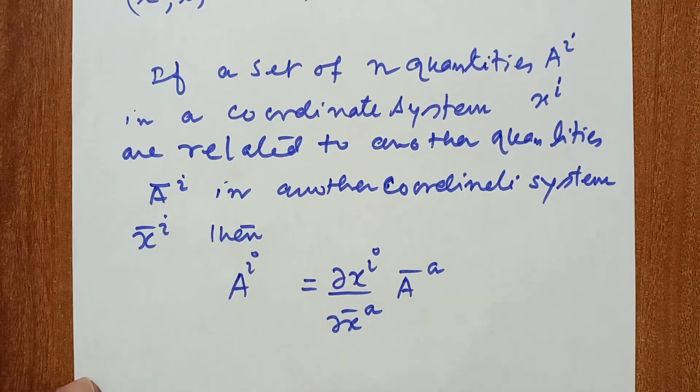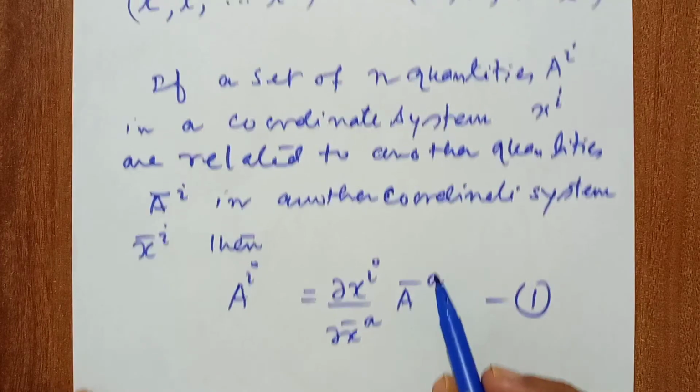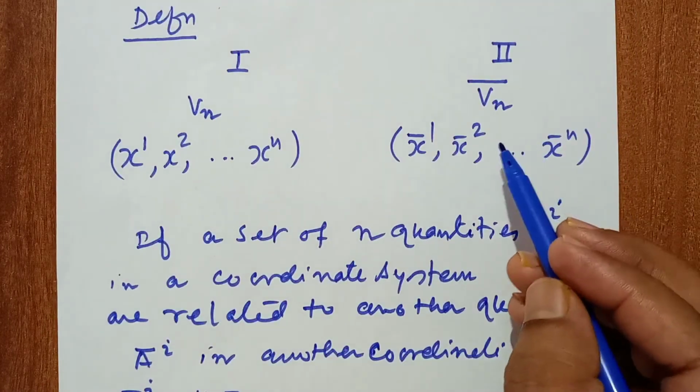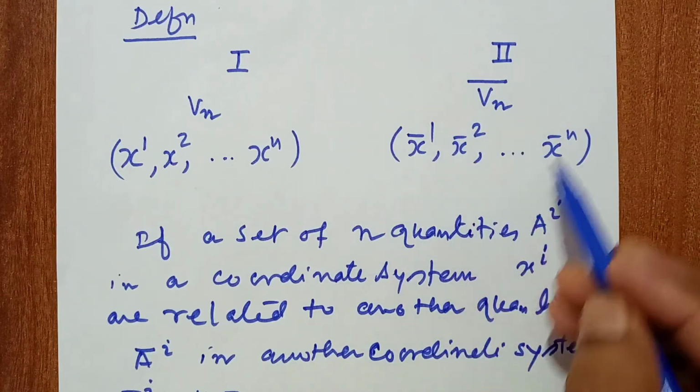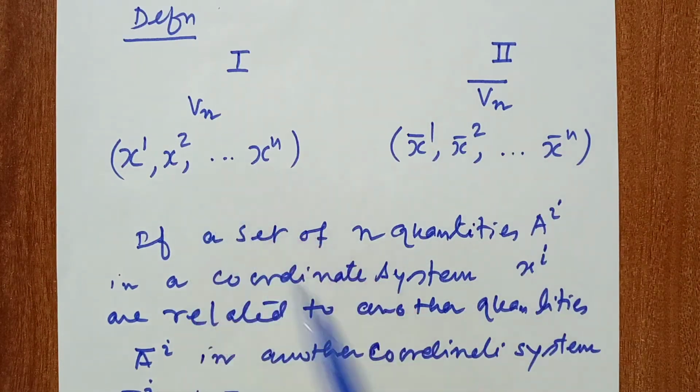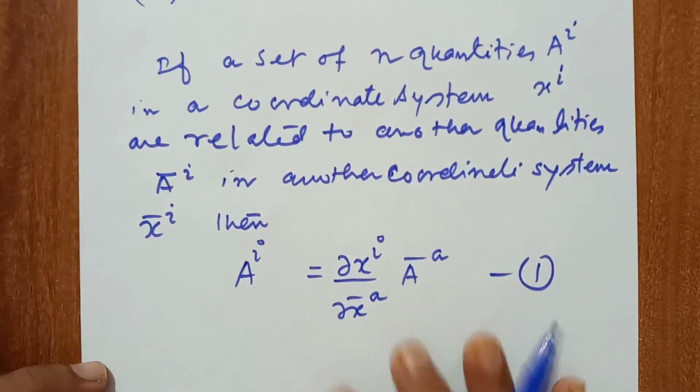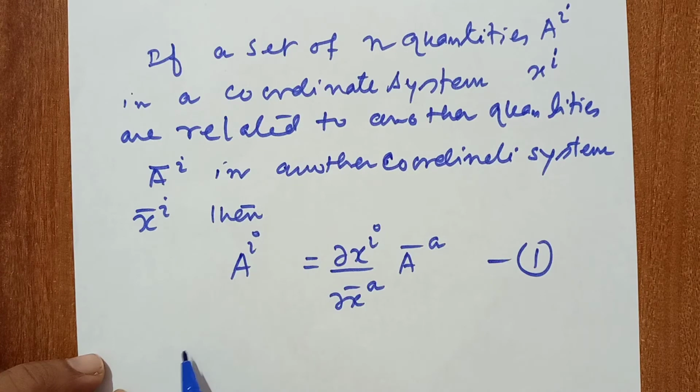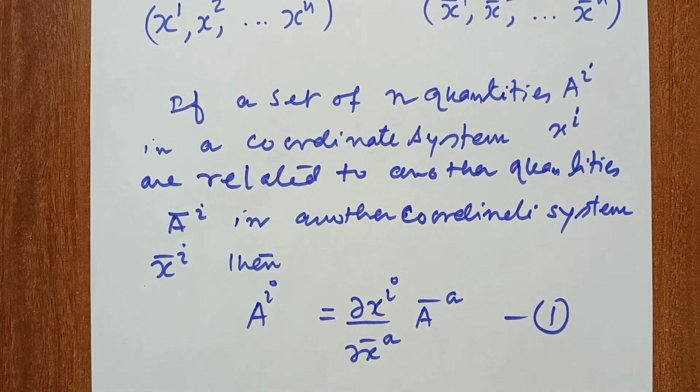Also, if we see here, this is Vn bar and this is Vn. So I want to transform from Vn bar to Vn. Now this is a transformation rule from Vn to Vn bar.